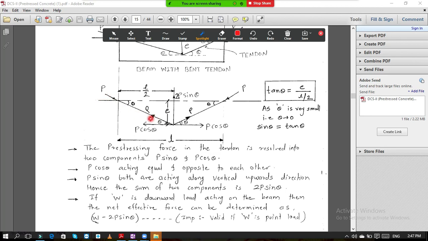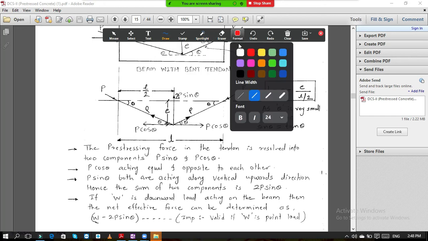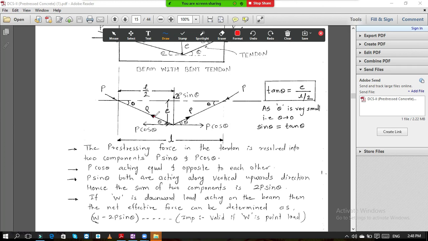To maintain equilibrium, this force in the tendon will be opposite to the force which is externally applied. So this is the P force which is in the tendon. If you don't understand, then I will draw a separate diagram. See, this is our horizontal line.